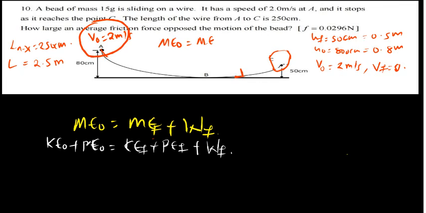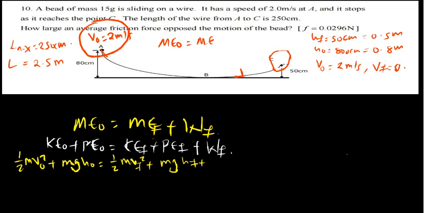So we are saying that half m v initial squared plus m g h initial has to be equal to half m v final squared plus m g h final plus the work done by the friction, which is F_r times the displacement.